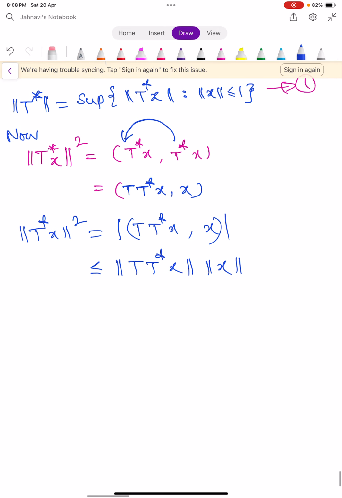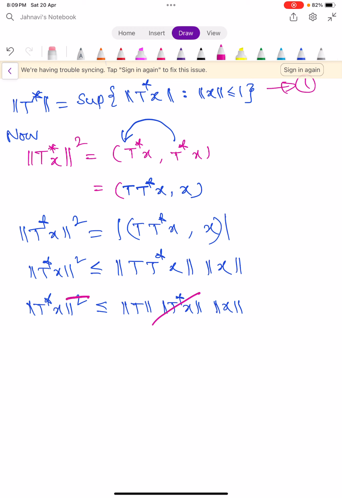Again, on the left side we have norm T star x whole square, and on the right side you can split this into norm T into norm x. Now you observe on both sides the term norm T star x, so two terms get cancelled. The remaining terms are norm T star x is less than or equal to norm T into norm x. Let it be equation number 2.